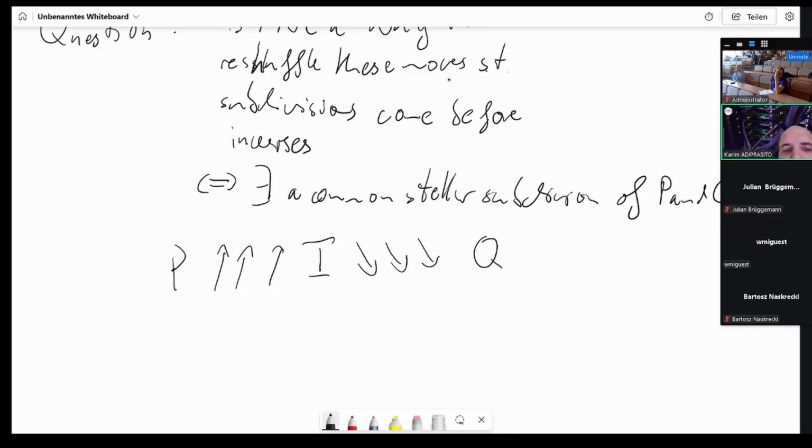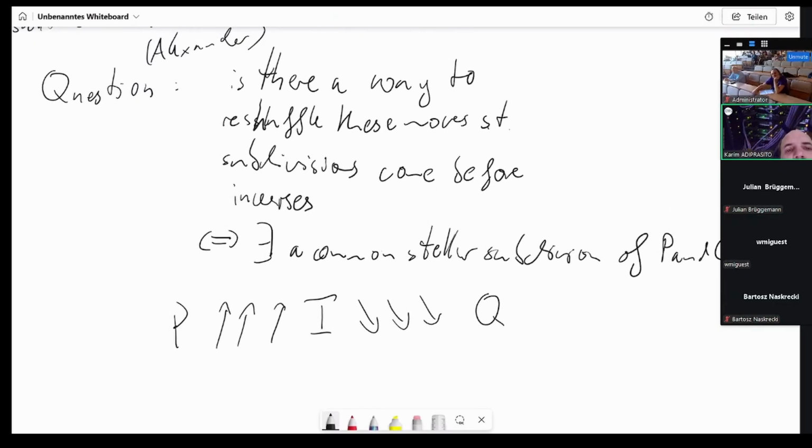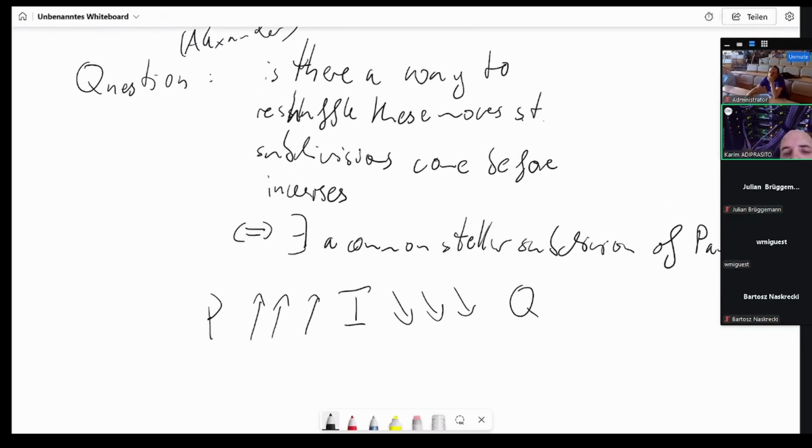So in other words, I have this polyhedron I, and I obtain it by stellar subdivisions from P and from Q. So at some point I decide, okay, now I just go down again, and that's it. All right. And this is the question.